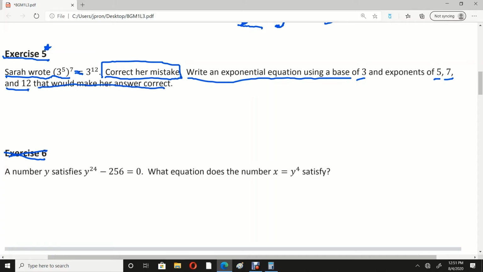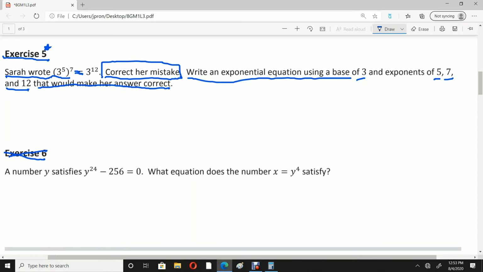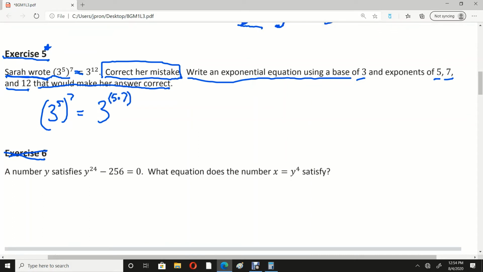That would make the answer clear. So first, they already told us Sarah was wrong. 3 to the 5th power raised to the 7th power would be 3 to the 5 times 7 power, which would equal 5 times 7 is 35, so 3 to the 35th power.